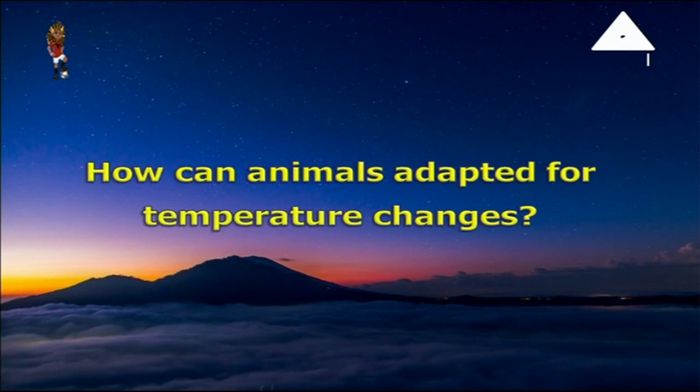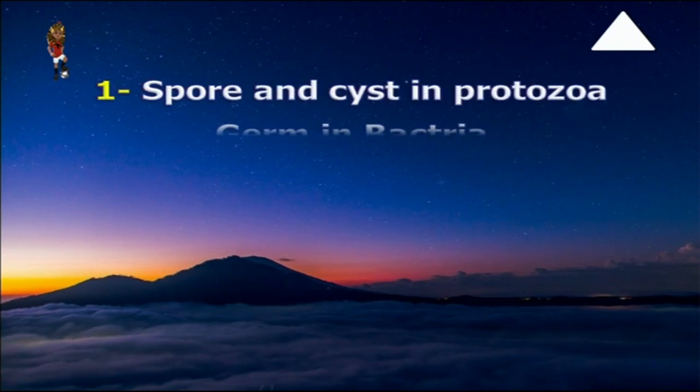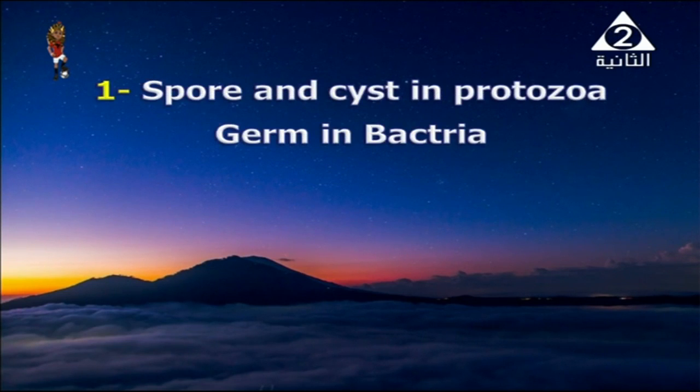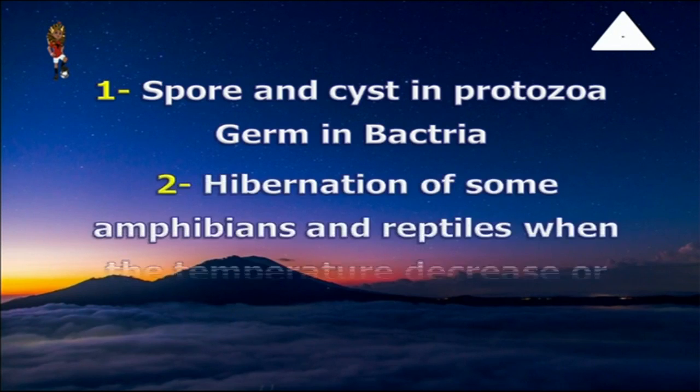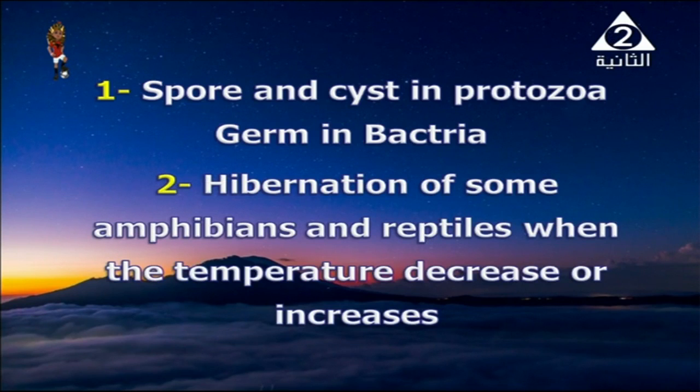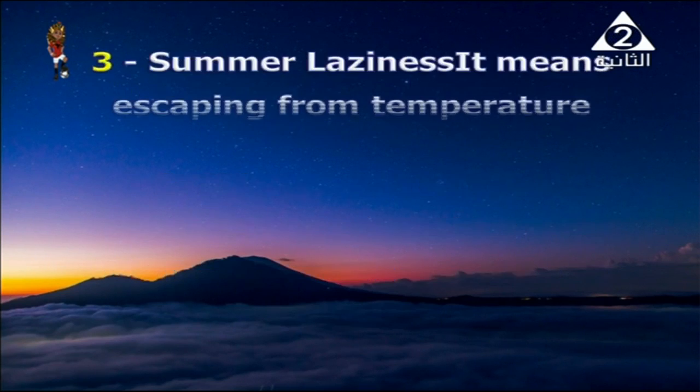Now, my dear students, let's go to another question. How can animals adapt for temperature changes? We have spore and cyst in protozoa. Also, we have germ in bacteria. We have hibernation of some amphibians and reptiles when the temperature decreases or increases.